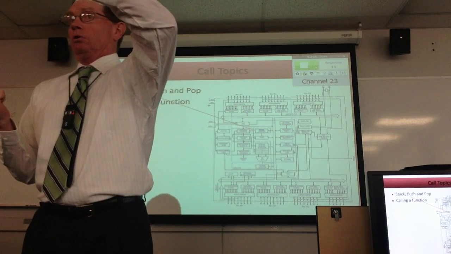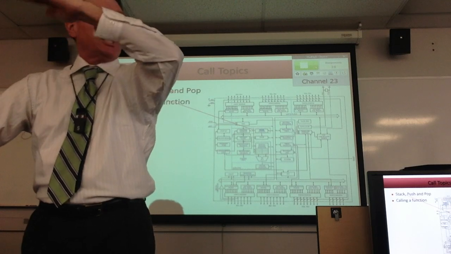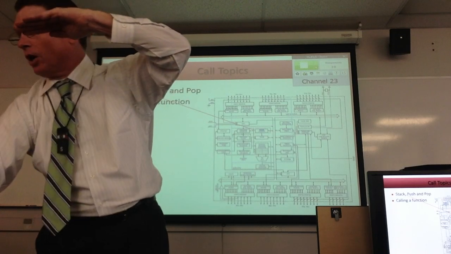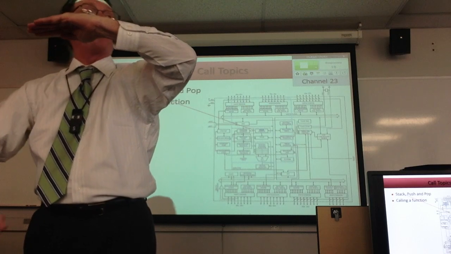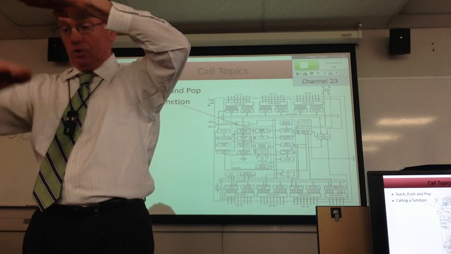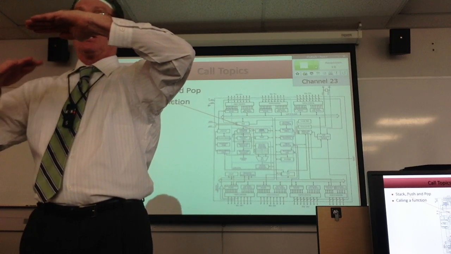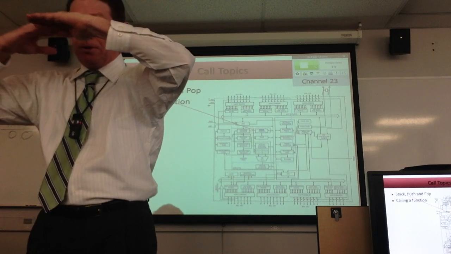I call, the program counter jumps down to the subroutine. It's almost like a jump. It goes through that code, hits an RET, and where does it come back to? Does it come back to the call statement?